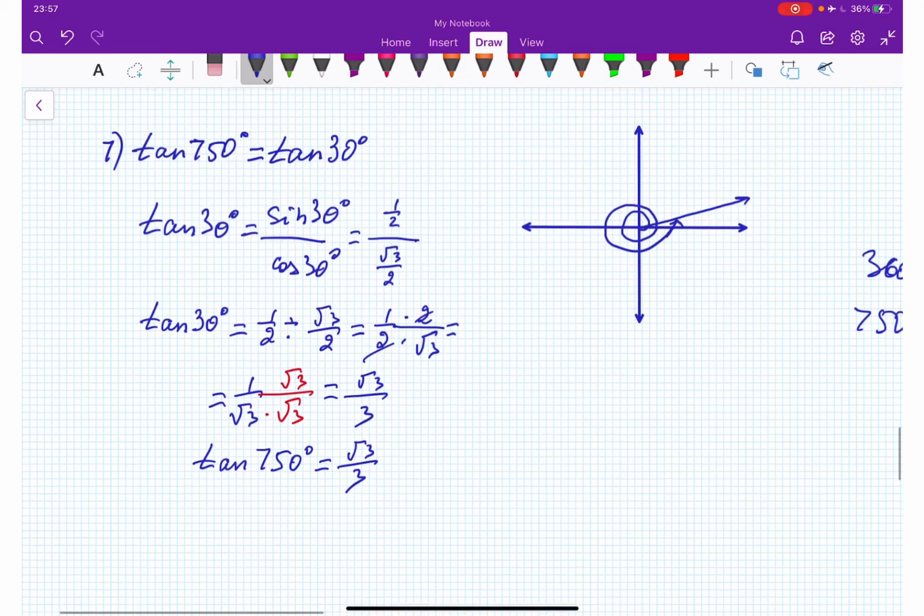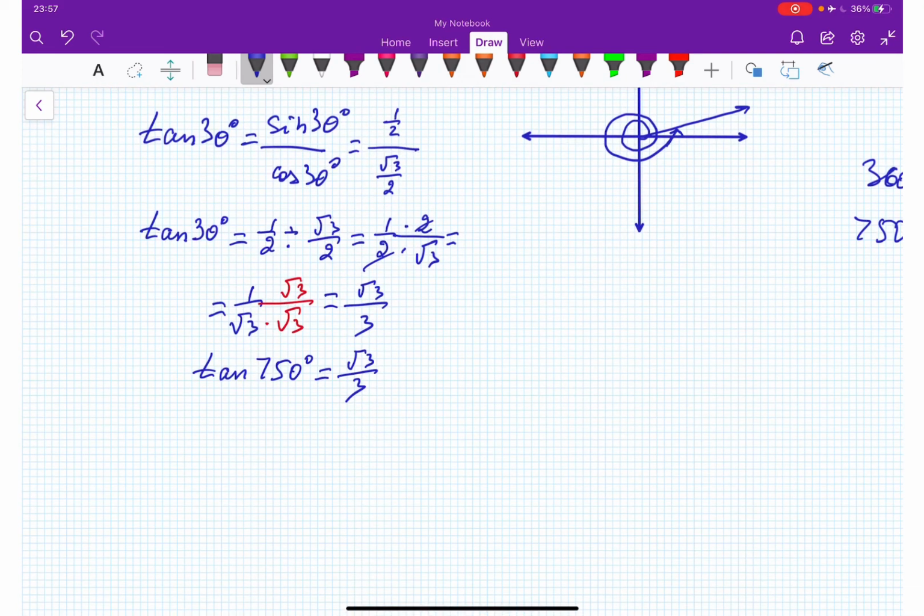Cosecant negative 1050 degrees. Okay, with negative, that's why we need to put it in parentheses. Negative 1050 degrees. All right, let's start working.